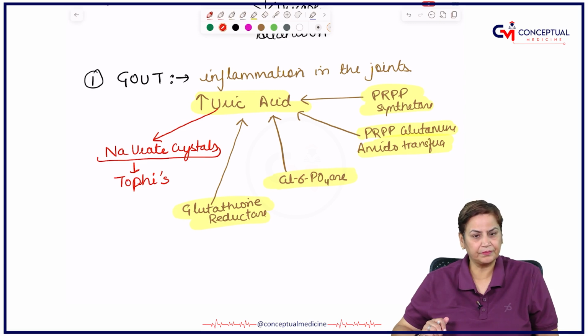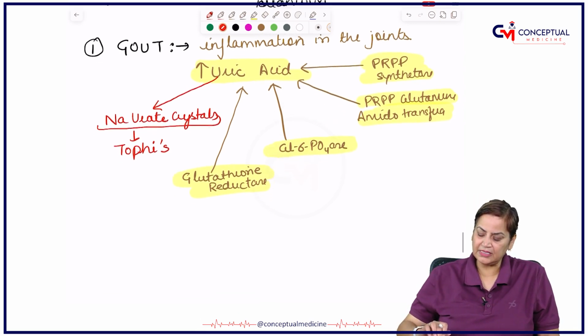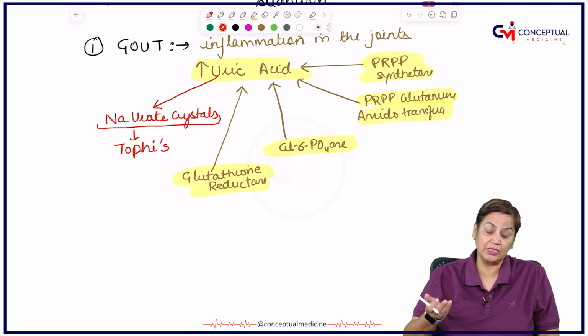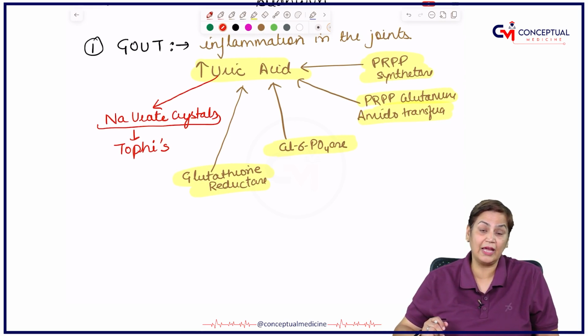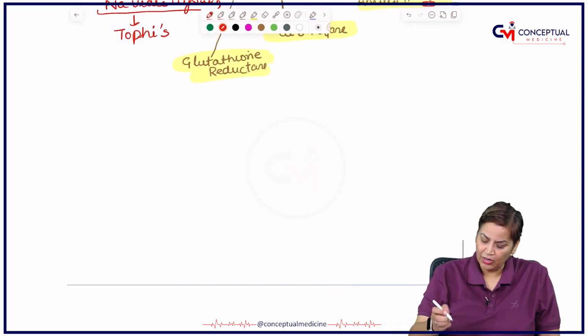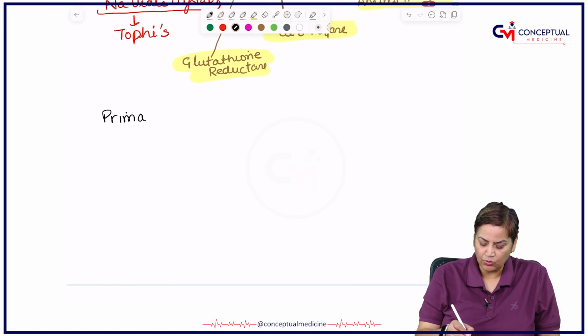Very important. Now, how are these factors associated? There is one more term, which is secondary gout. So first of all, we are going to study primary gout.